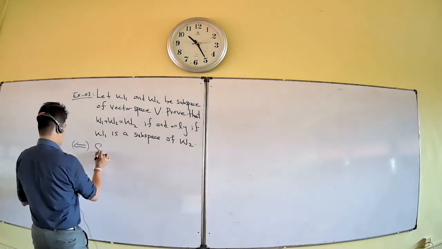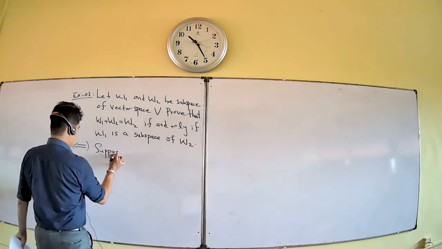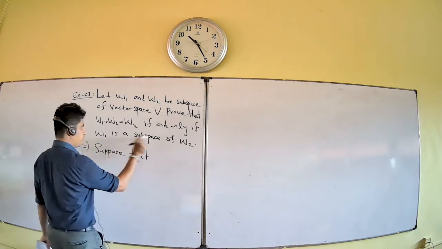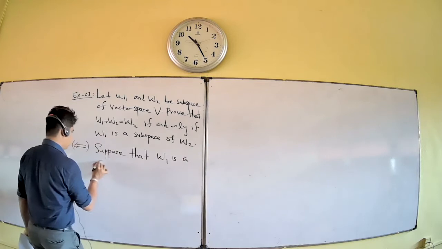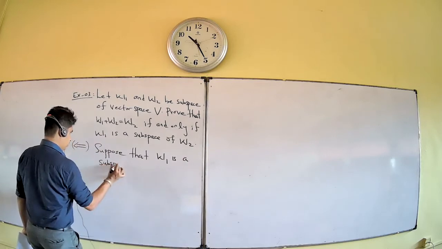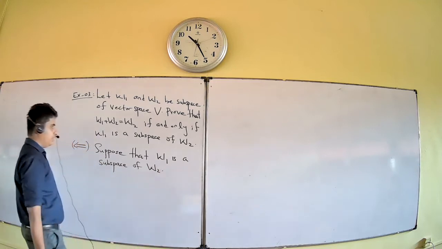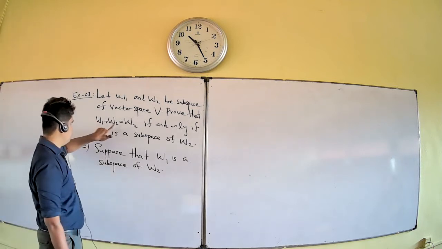Suppose that W1 is a subspace of W2. Now your claim is you want to prove this condition: W1 plus W2 equals W2.